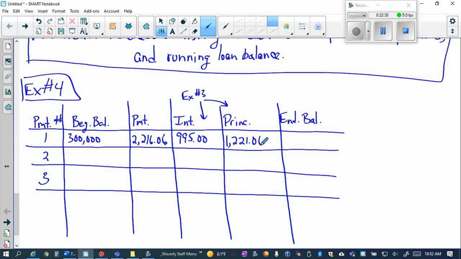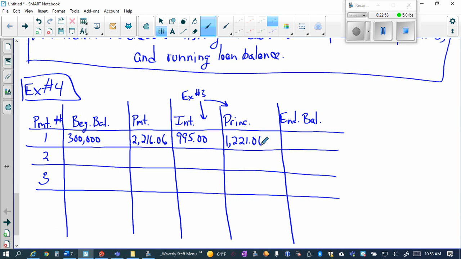Okay, well, so here comes the only new part to that. Here's what we had in example 3. So we have a beginning balance of $300,000. We made a payment. And the only part of that payment that reduces that balance is this principal portion here, the $1221.06. So we just do $300,000 minus our principal, $1221.06, and that gives us our ending balance.